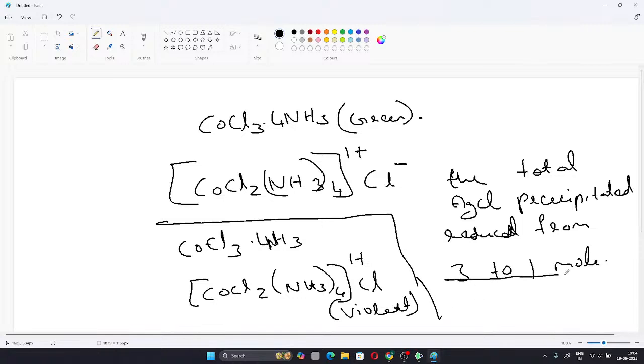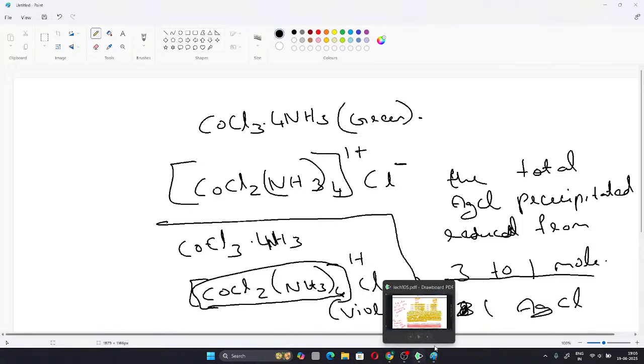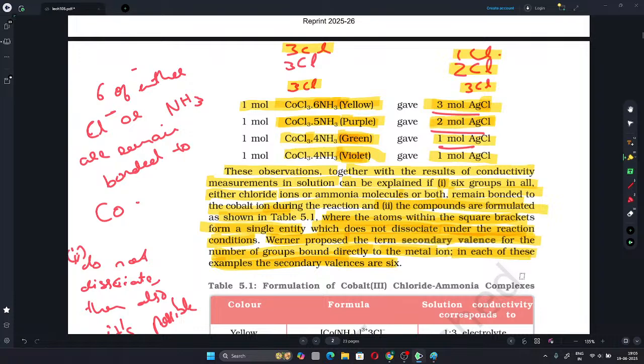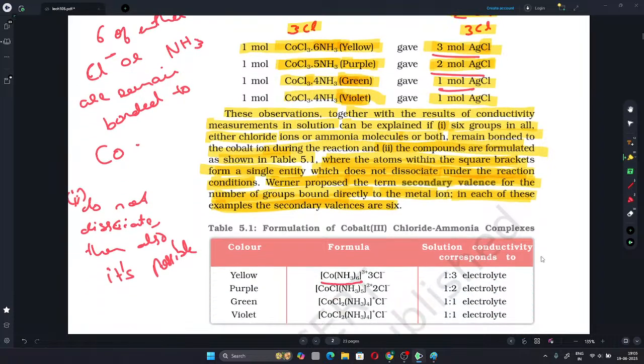Here as well, it is isomerism. Even though both have the similar empirical formula, they have different structures. But they will also liberate only 1 mole of AgCl, or be displaced to give 1 mole of AgCl.